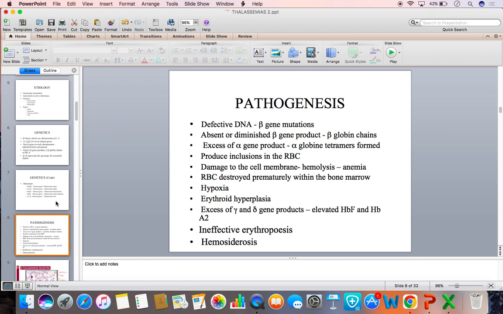The defect lies in the DNA. Okay? And there is beta gene mutation. What is a gene? A gene is a segment of DNA.